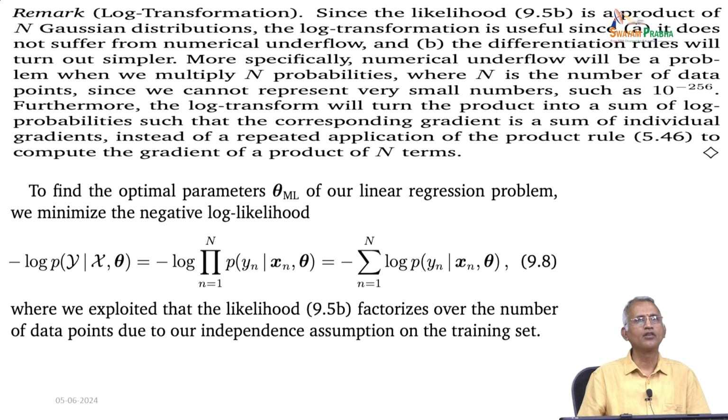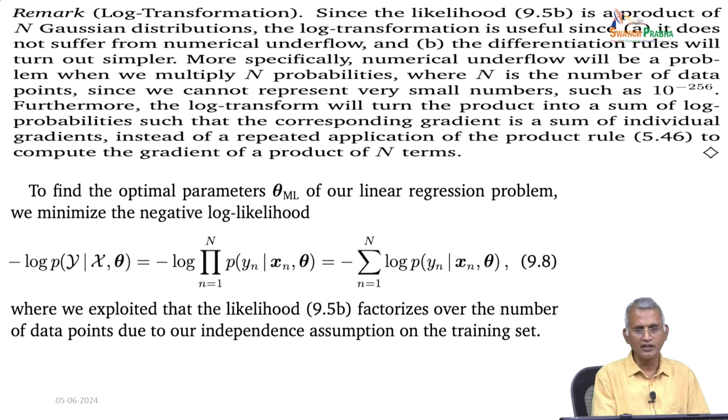So, we have a note on the log transformation. Since the likelihood of 9.5b is a product of n Gaussian distributions, the log transformation is useful since it does not suffer from numerical underflow. And second, the differentiation rule will turn out simpler.